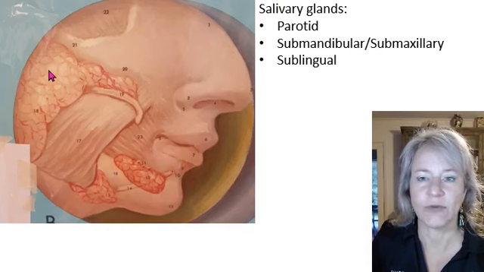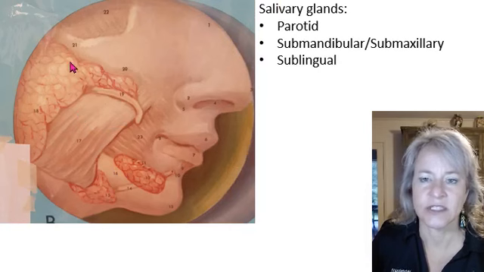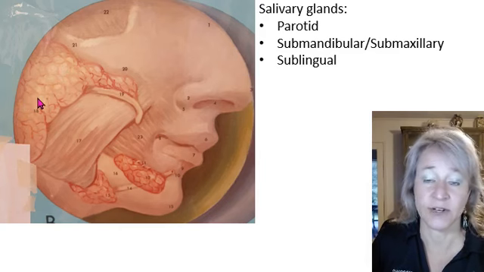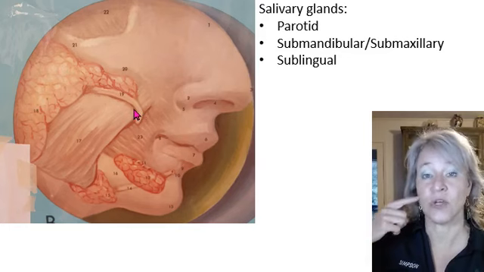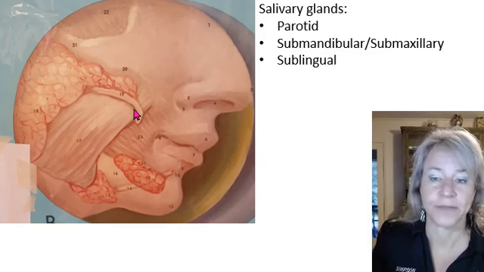Then we have 3 pairs of salivary glands. So here on the side of the cheek there is the parotid salivary gland. It's a very large salivary gland, and then there's this duct that secretes the saliva into the buccal cavity.